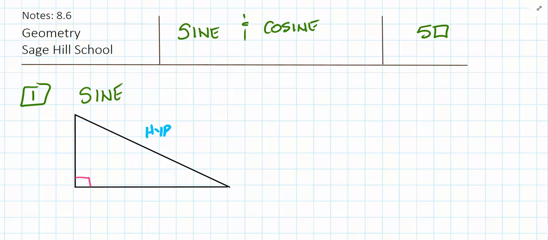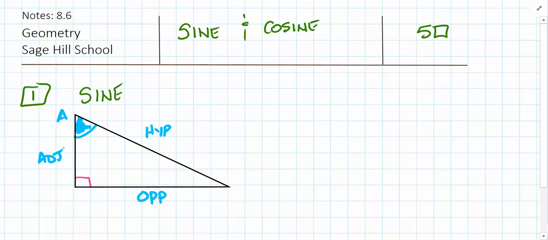And then we're given two adjacent angles, so we have to talk about which one we're going to be working with. So if I label this one as my angle A, which side is the opposite side? The one over here, which is the opposite side. Very good.